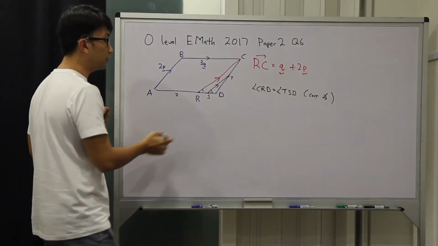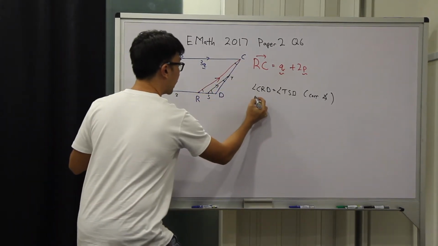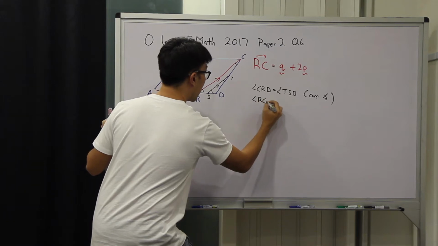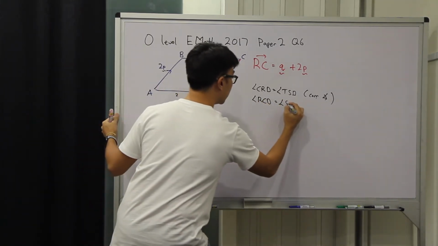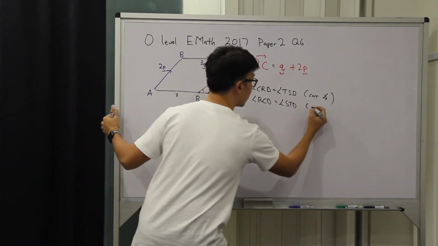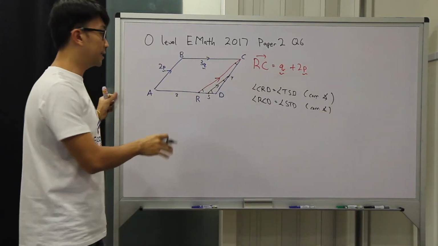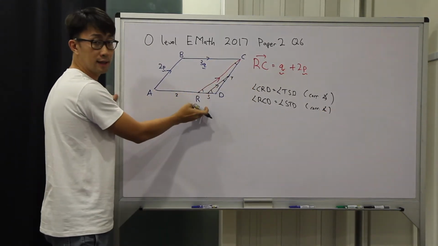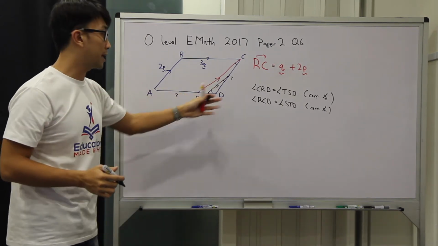Alright, and the other pair will be here and here. So we have angle RCD equal to angle STD. And the reason is also the same, corresponding angles. So from here we can see that with a pair of parallel lines it's usually very easy for us to establish two equal pairs of angles.